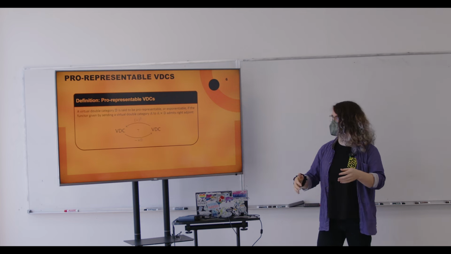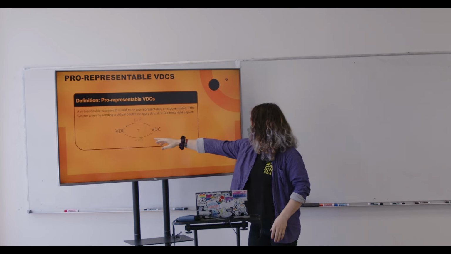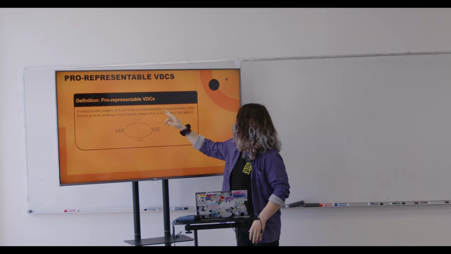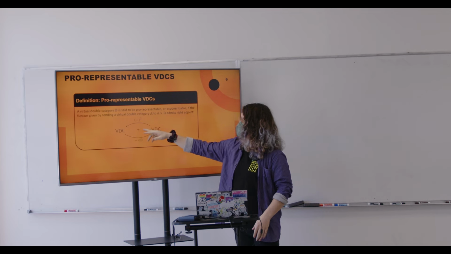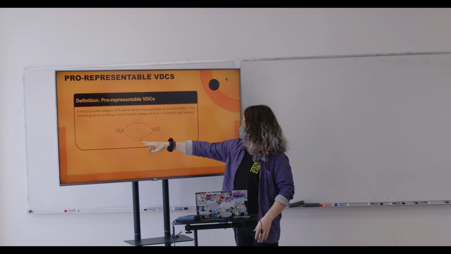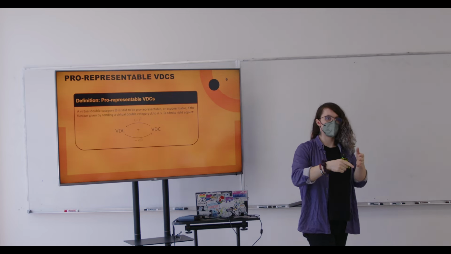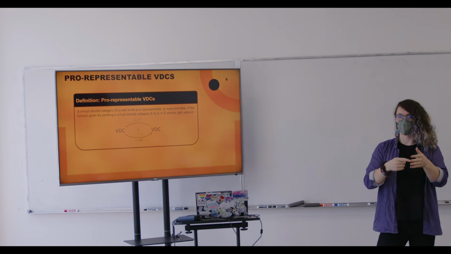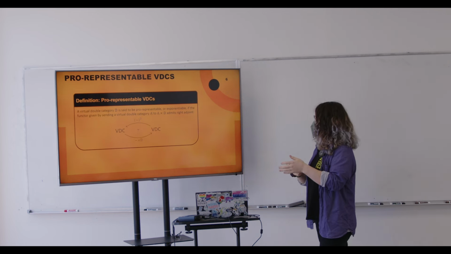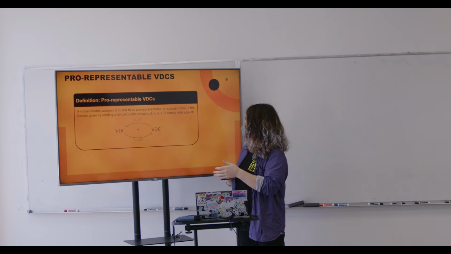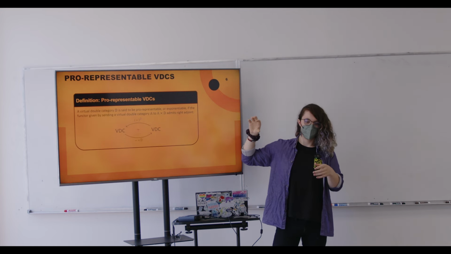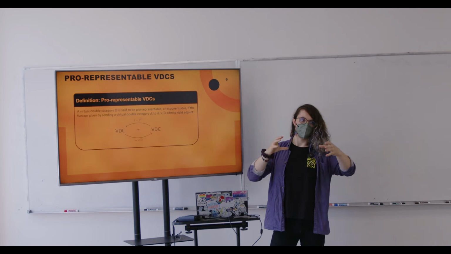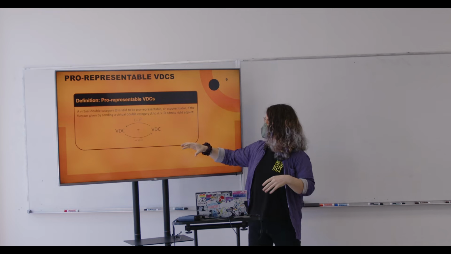One way to check this, as we'll see, is that if a virtual double category is pro-representable, so we have this adjunction, then in particular taking its product preserves all the colimits that we can do for virtual double categories. So there are certain virtual double categories that don't preserve: if you take this colimit, then you take the product, you get one thing.